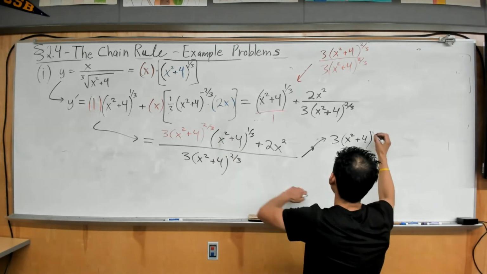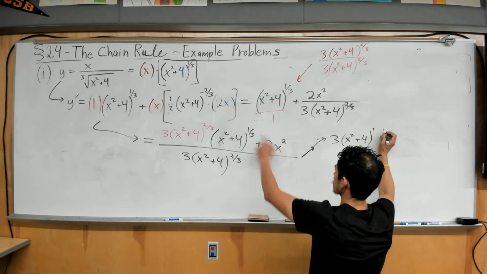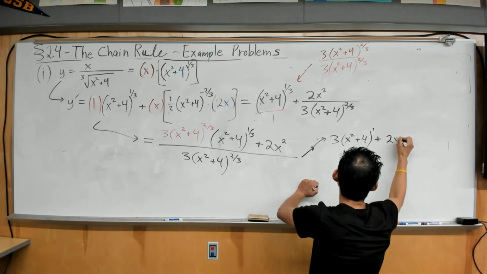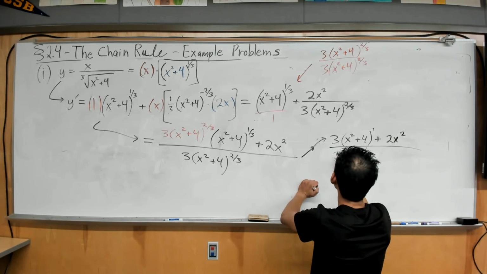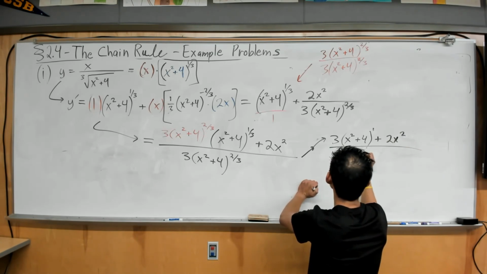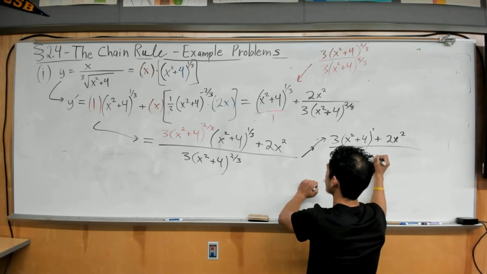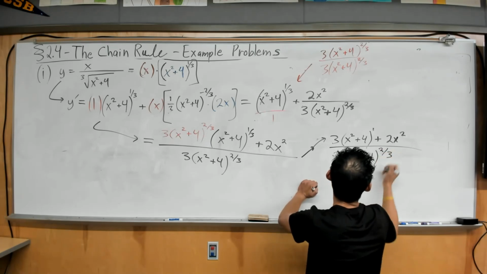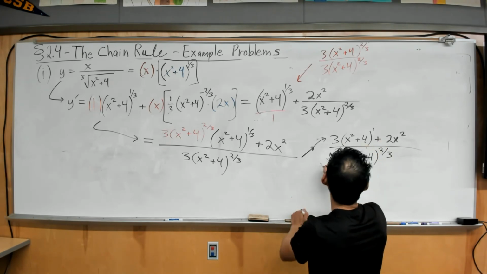This becomes equal to the 1 power. There's 2/3 plus 1/3 is 1, plus 2x squared all over 3 times x squared plus 4 to 2/3. So 3x squared plus 12.